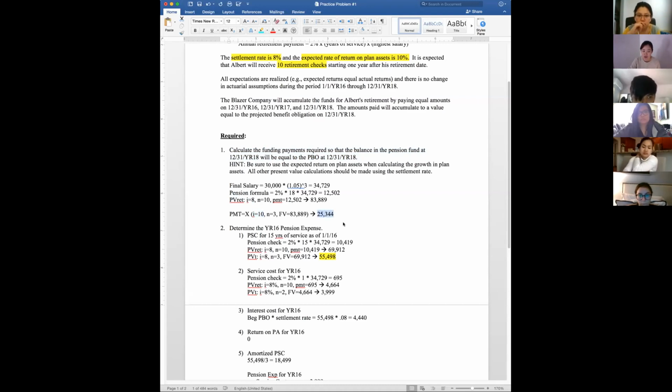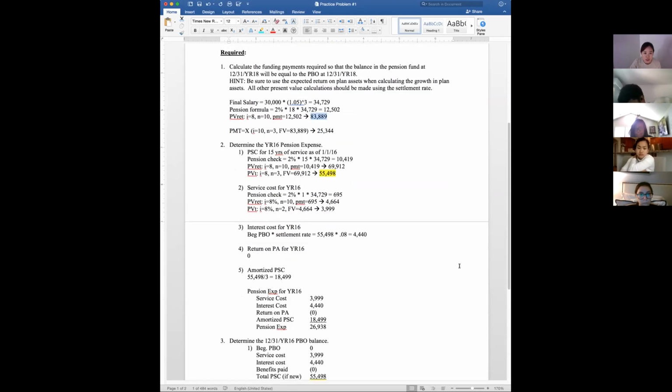As a result, we figured out that the company has to save $25,344 at the end of 16, 17, and 18, 3 times. If they do, then at the end of 18, they will have 83,889.